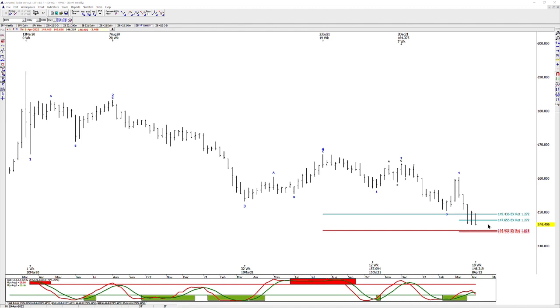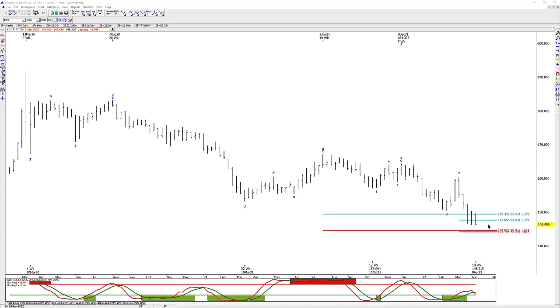So we'd want to be on high alert here, depending again on your time frame, for a trade on the long side that could last several weeks to even several months. So we're in that ideal pattern and price level to do that.